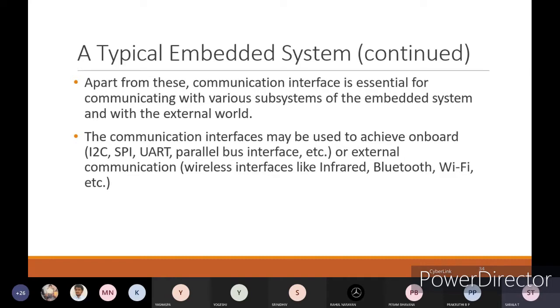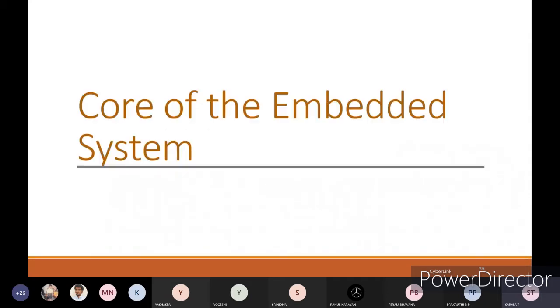The communication interfaces may be used for onboard communication, such as I2C, SPI, UART, parallel bus interface, etc. External communication uses wireless interfaces like infrared, Bluetooth, Wi-Fi, etc. These are for external communication; internal communication is I2C, SPI and UART. We will discuss these communication interfaces in further topics also, so don't worry about that.